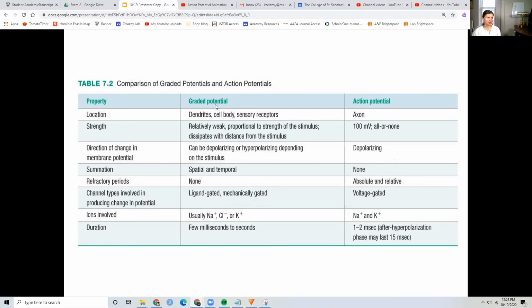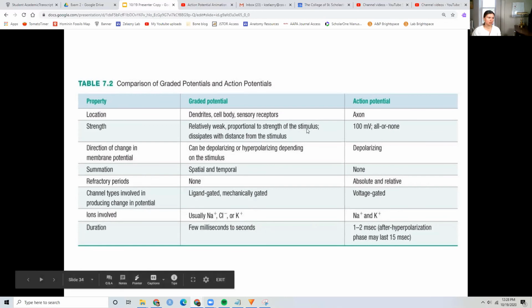So when we're comparing graded potentials and action potentials and thinking about whether they add up, for graded potentials, yes. For action potentials, no. They're just this one thing. We had different channels involved. We also had some different ions involved. Sodium and potassium are always important for both of them, but sometimes we'll see chloride ions if we're thinking about just the graded potentials.